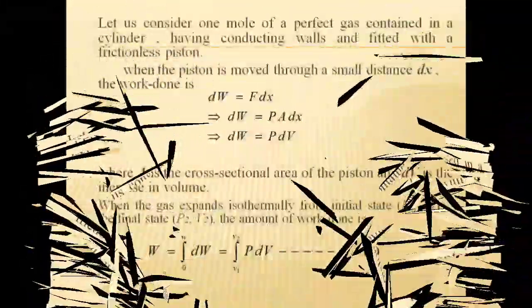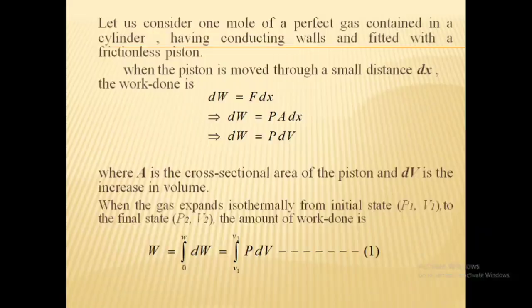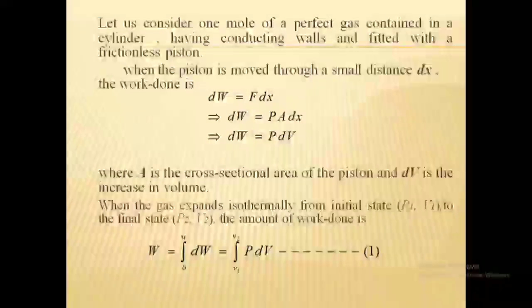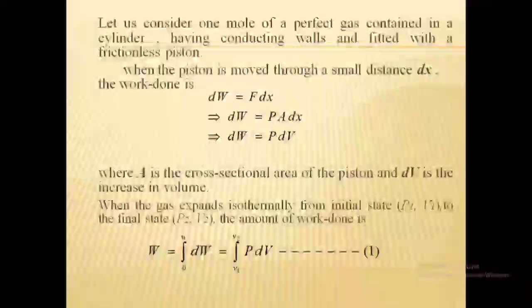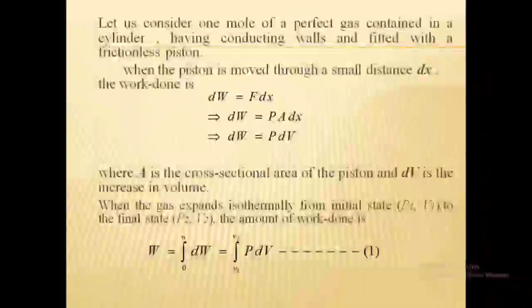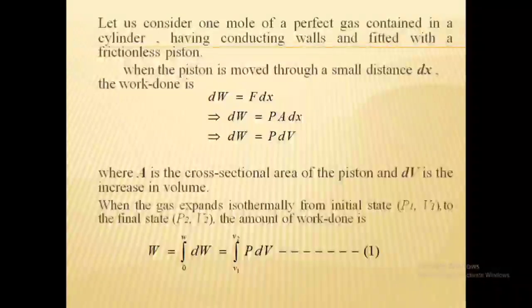Now let us consider 1 mole of a perfect gas contained in a cylinder having conducting walls and fitted with a frictionless piston. As I already mentioned, in figure 1 there is a cylinder fitted with a frictionless piston, and the walls of the cylinder are conducting.